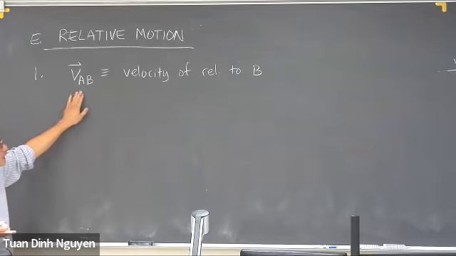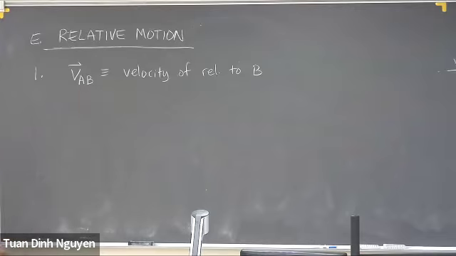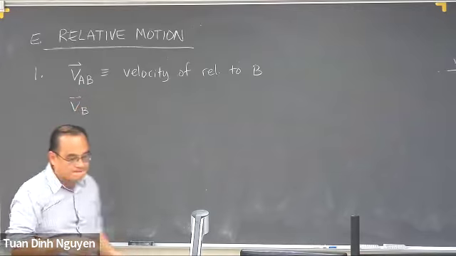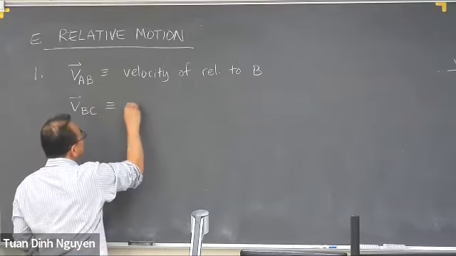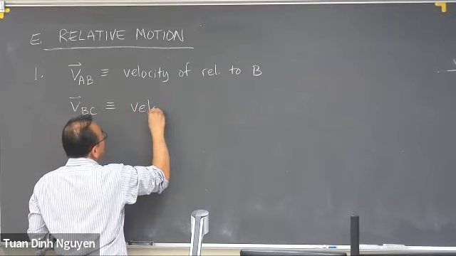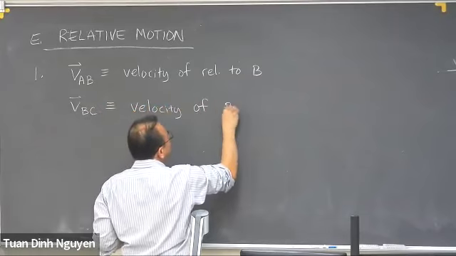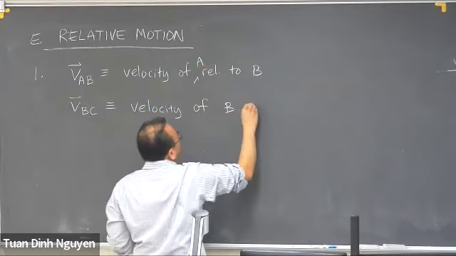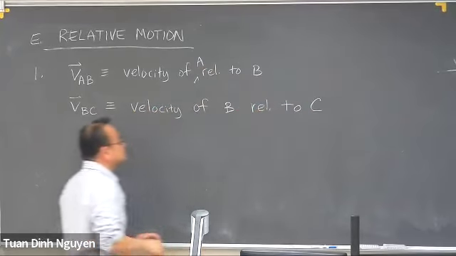So then it'd be v_PG, plane relative to ground. There's velocity v_BC, that means velocity of B relative to C.